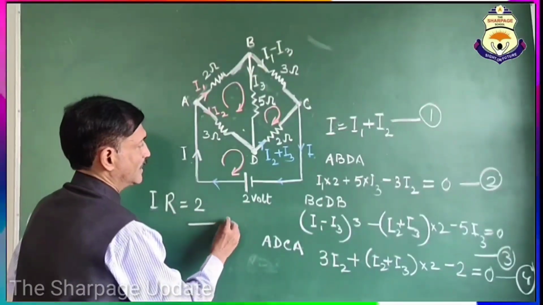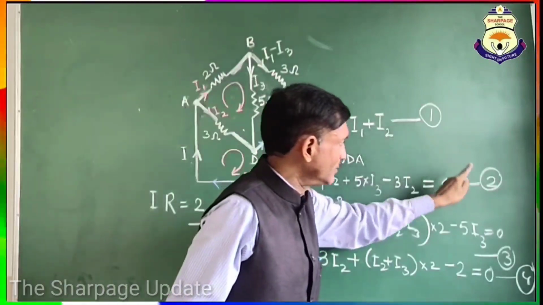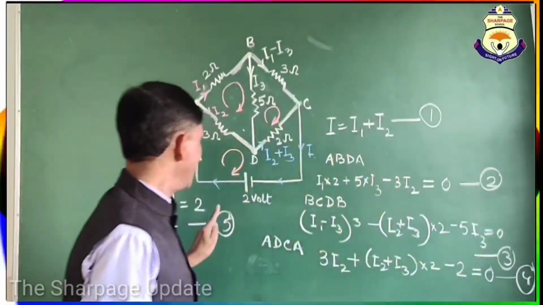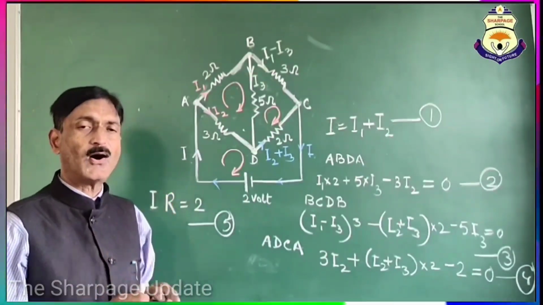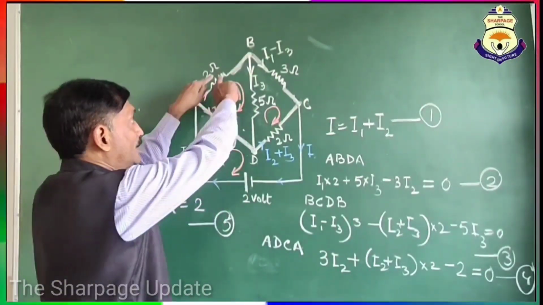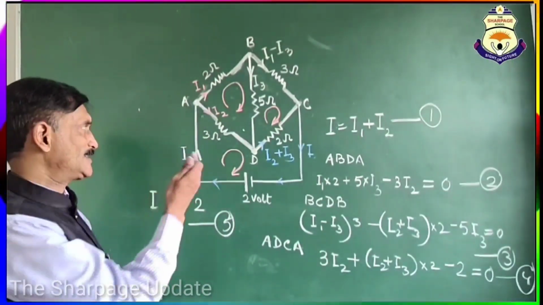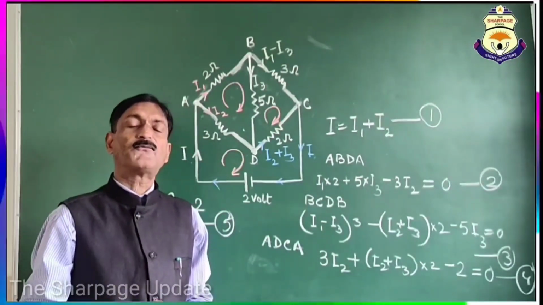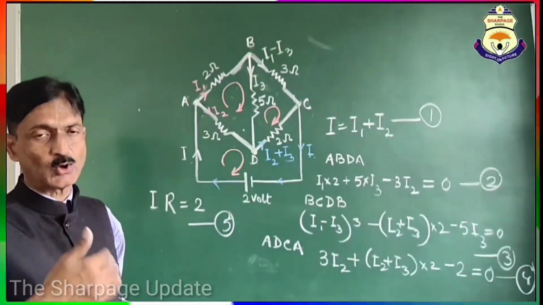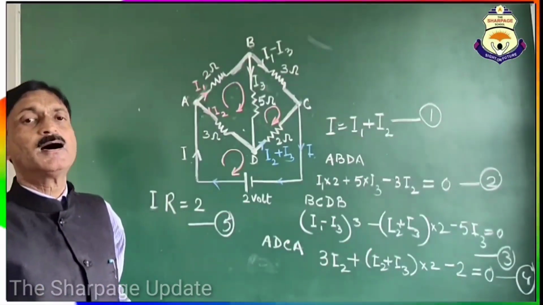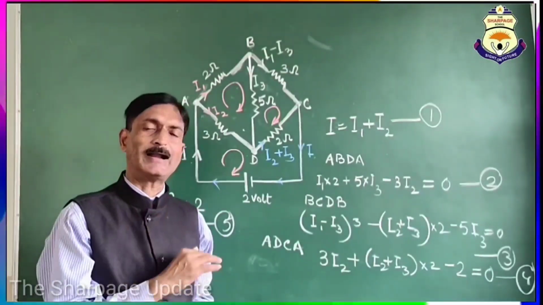So this is equation number 5. So by equations 1, 2, 3, 4 and 5, we can find the value of current in different parts of this electrical circuit. So this is an example of finding the electrical current in different parts of any closed electrical circuit by using Kirchhoff's voltage law and Kirchhoff's current law.